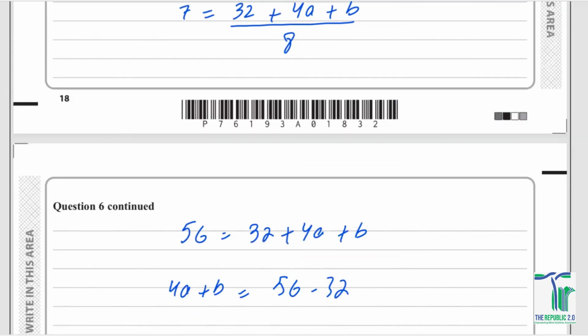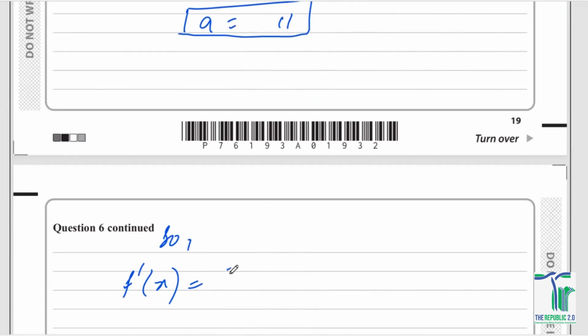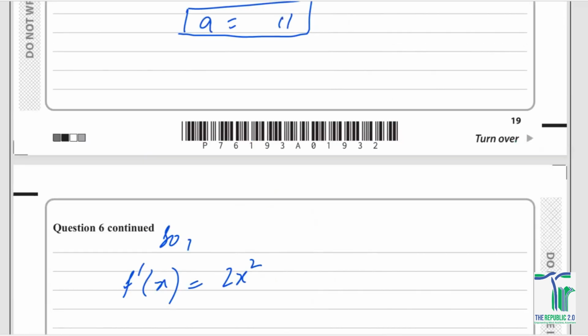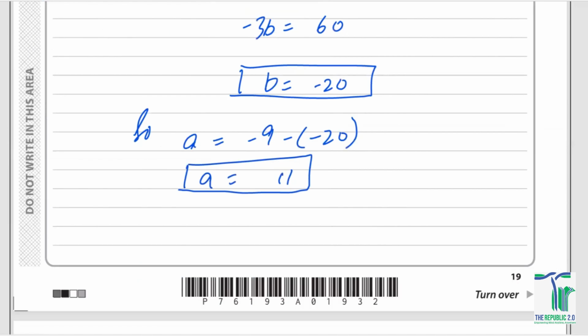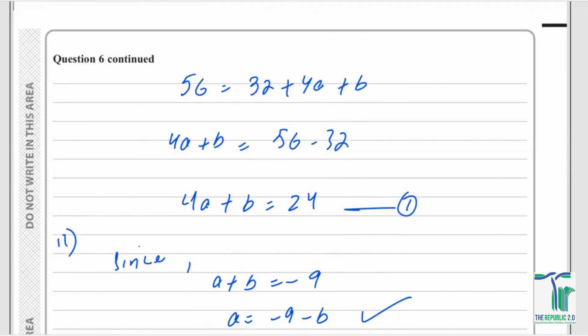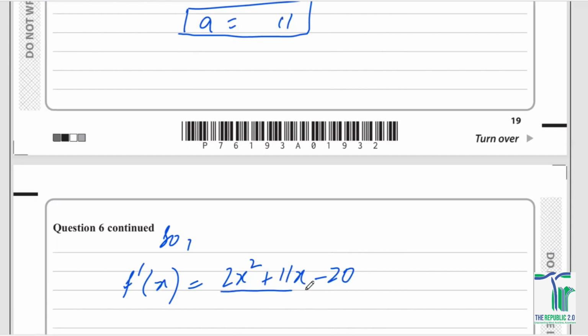So I'm just going to write 2x squared plus ax plus b, 2x squared plus 11x, where a is 11 and b is negative 20. I'm just going to write it over here, and the whole divided by the 4th root of x. So I'm just going to rewrite it like this. It would be the 4th root of x now.